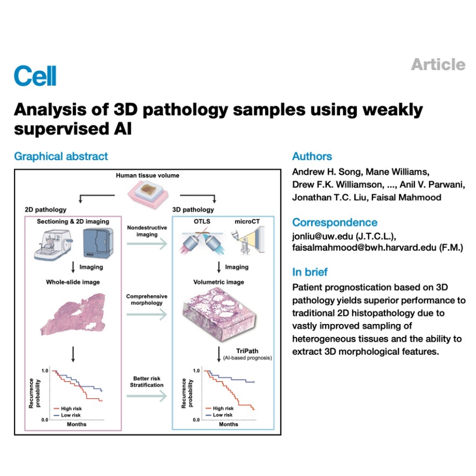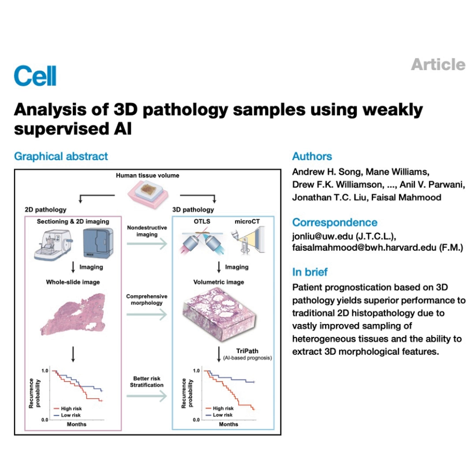Right, the so what factor. Because these 3D imaging methods, OTLS and microCT, are non-destructive. They don't require slicing up the tissue block like standard pathology. So the original tissue block remains intact. Exactly. Right now, if you want to do detailed molecular tests on a biopsy, you often have to cut more slices, potentially using up valuable tissue, especially if the biopsy is small.